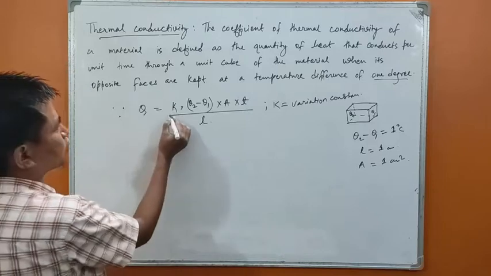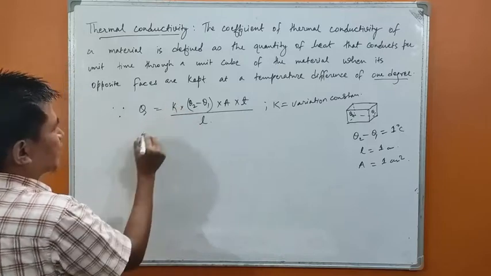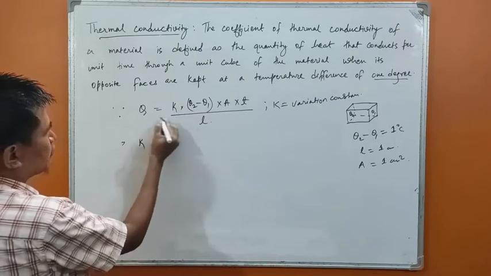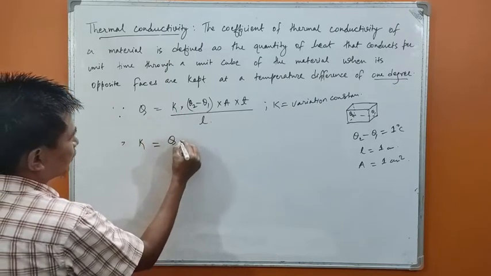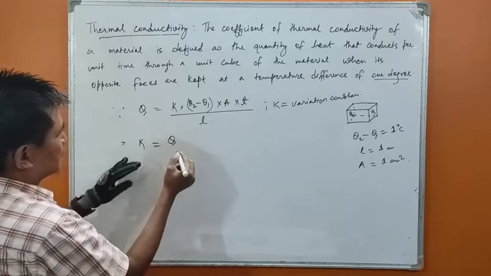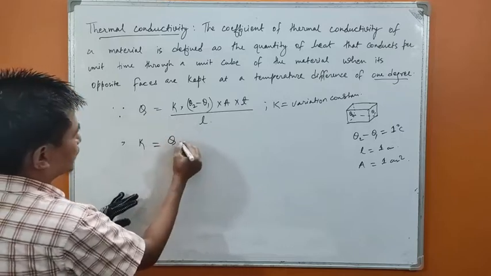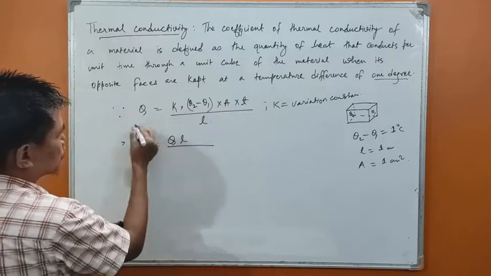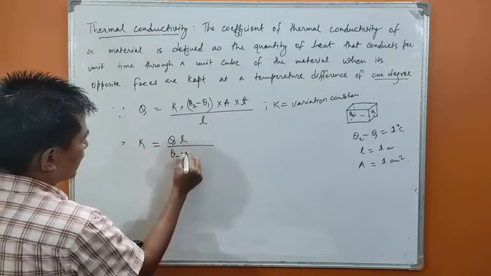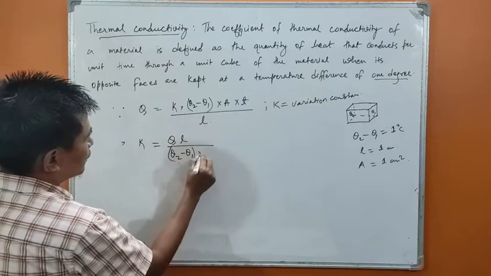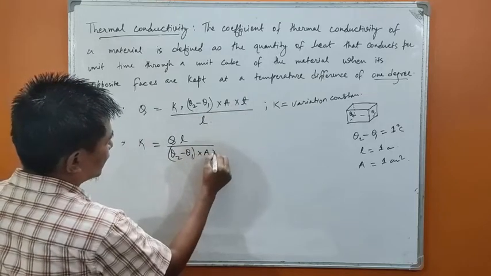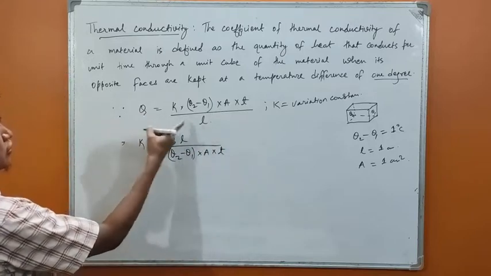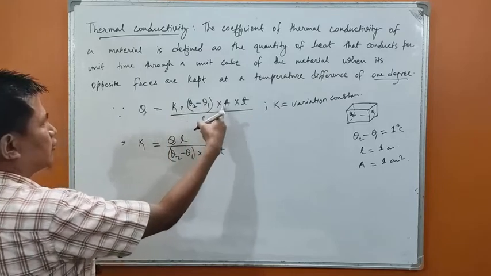Now let us deduce the unit of K. Let us cross multiply: K equal to Q into L, that is QL, divided by theta 2 minus theta 1 into A into T. I am just cross multiplying, and all this comes to the denominator.